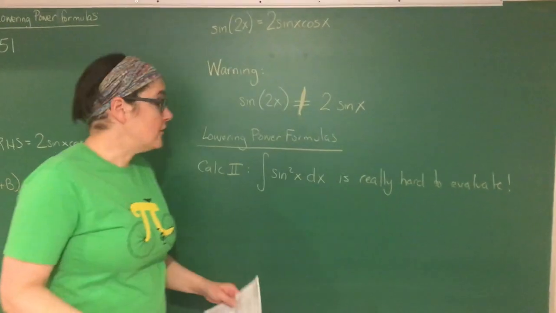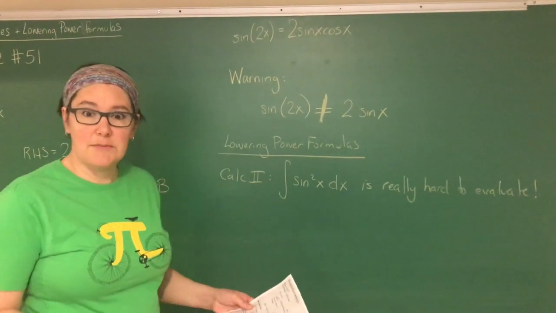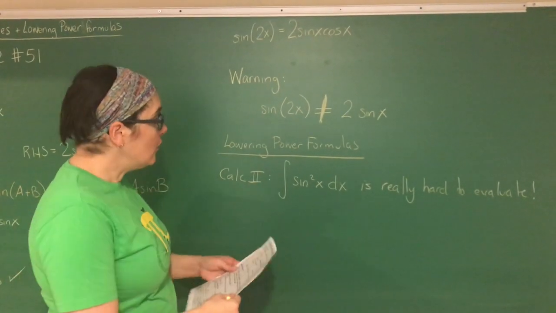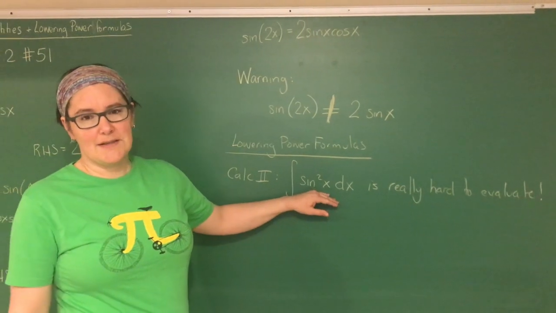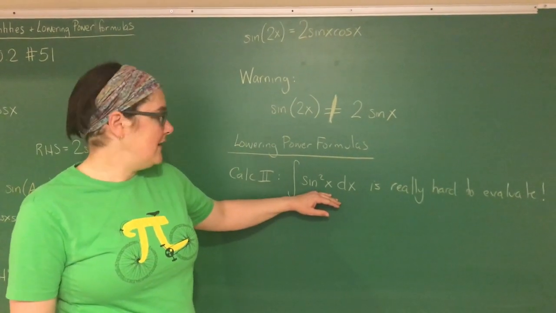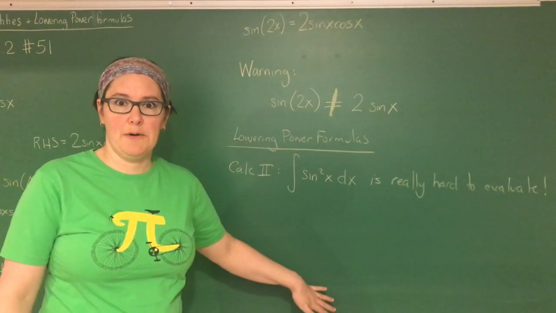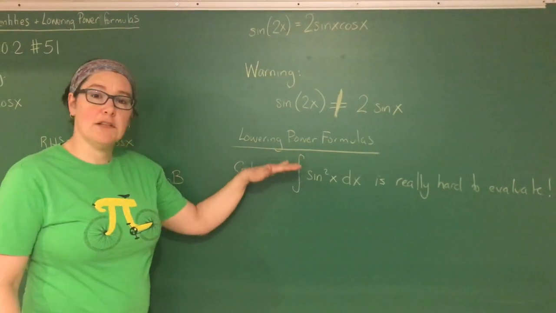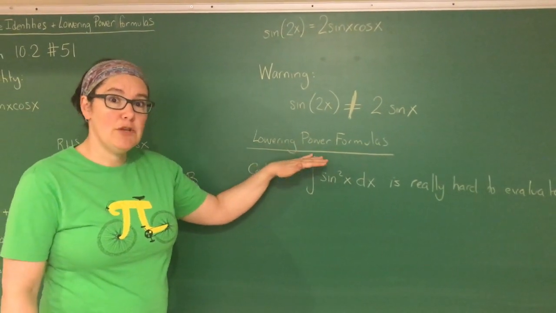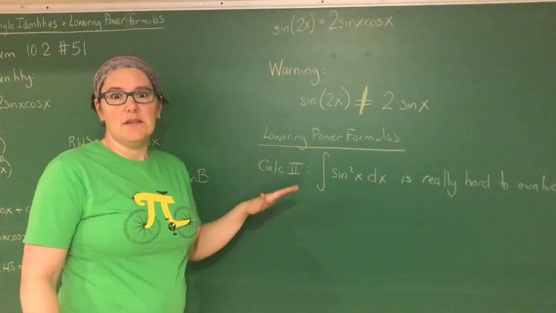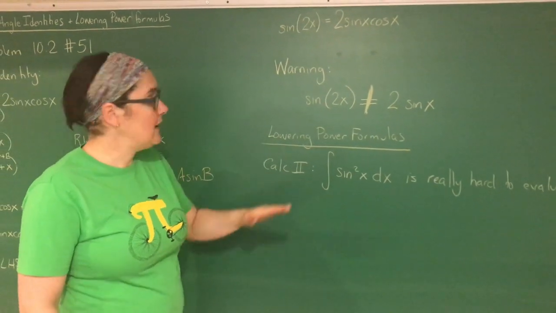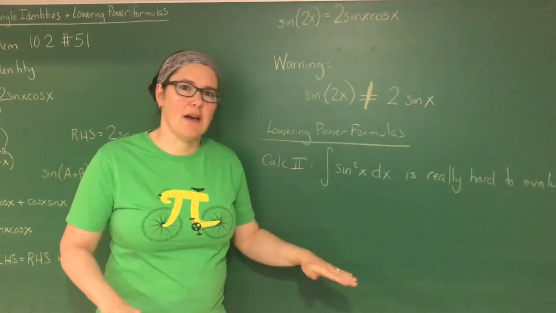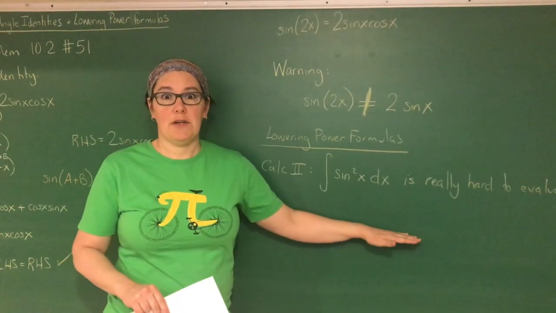And so in Calc 2, you spend time learning some techniques to integrate things, and what we do in Calc 2 is we replace this sine squared of x by an expression that has a lower power. So we're going to talk about these lowering power formulas, and what you want to do is kind of tuck them away in a notebook somewhere or in your brain, and then when you hit Calc 2, you can say, oh yeah, I saw those once before, and now I'm going to use them.